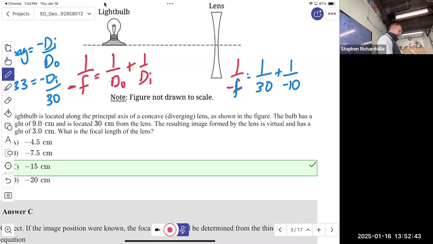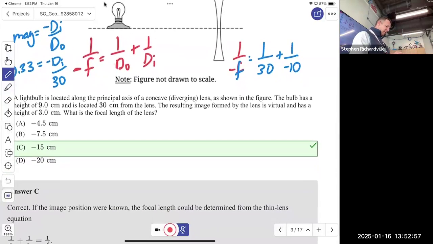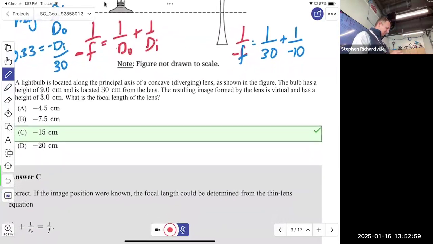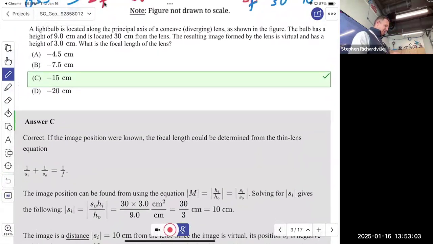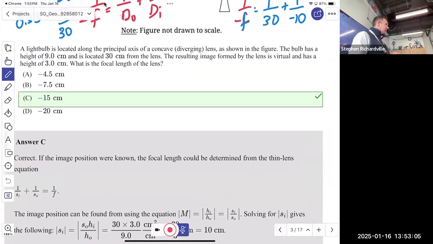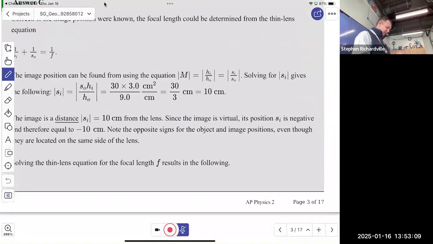Yeah, no, I'm good, right? 1/30 minus 3/30, 2/30, negative, flipping them, 15. Good. Okay. Any questions there? Good, we good? All right.